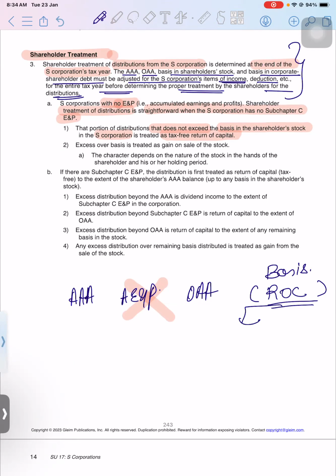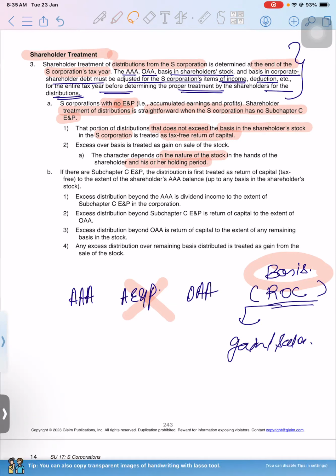Over and above this basis, whatever is going is your gain on the sale of stock. The character depends on the nature of the stock in the hands of the shareholder, or his or her holding period. Whether it's a long term or short term capital gain will depend on from what date you were holding the ownership in that S Corporation.